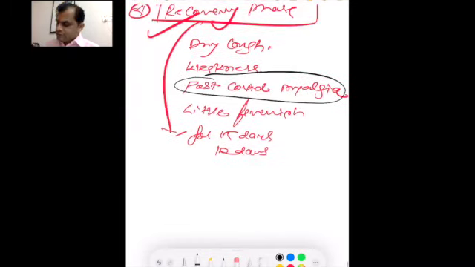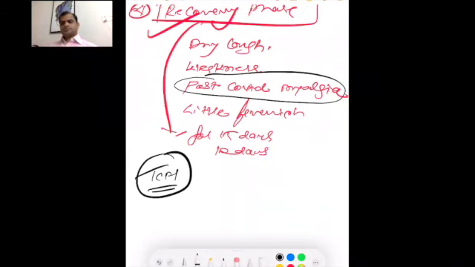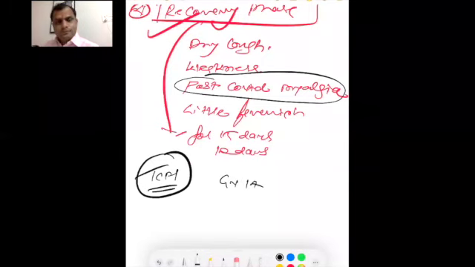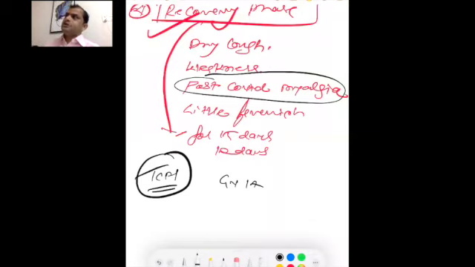Then as per the TCM, we are doing the treatment of governing vessel 14. This is a very good point for the fever, for the feverish, and for any attack, even after completing the attack. We are doing the treatment on urinary bladder 17 and urinary bladder 30.